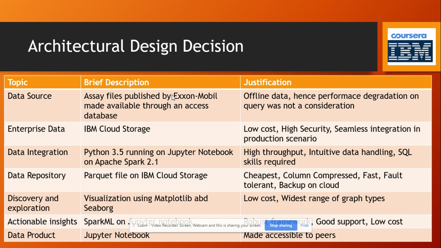For discovery and exploration, we have used the Matplotlib library, and also an external library called Seaborn. Then finally, the models were run on SparkML, and we have ended the data product in the form of a Jupyter Notebook itself. However, we have actually done this project also in R, and we have a finished product of this in Shiny as well.